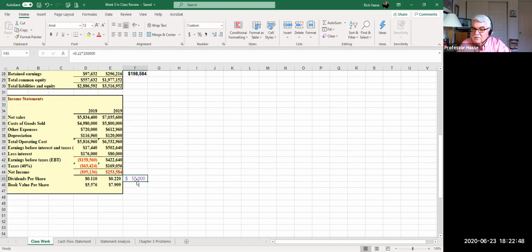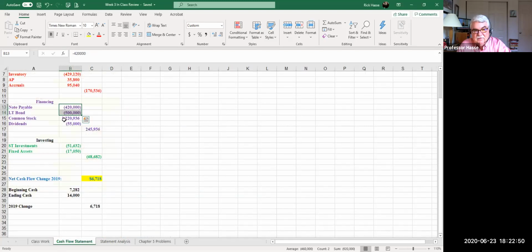That's $55,000. That's negative cash going out to your shareholders. The combination of paying off debt, issuing more stock, and paying dividends, this company had a positive cash flow of $245,936 from financing.